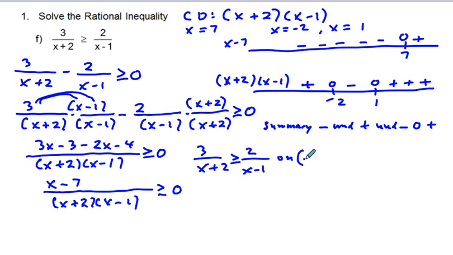So I'm going to put parentheses negative 2, comma, up to 1, and is 1 included? No, it's not, because of undefined, right? And then we don't see a plus sign over here until after the 0. So at 0, is 0 included? Well, we have greater than or equal to, so yes, 0 should be included. And then comma, infinity. And so this should be it for F.